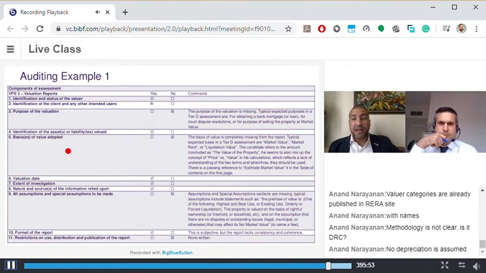The basis of value adopted is not very clear. Sometimes he says market value, sometimes he says something else, but it's not consistent. If the basis is market value, then he comes up with a cost approach. So it's not very clear, right? He puts the valuation date, the extent of the investigation, the nature and sources of evidence.